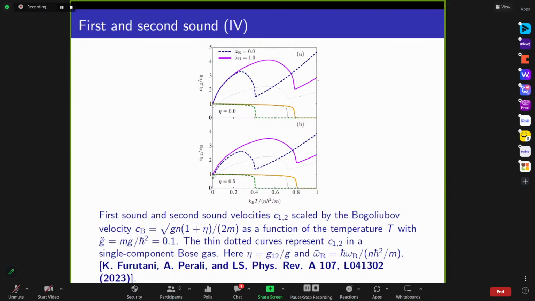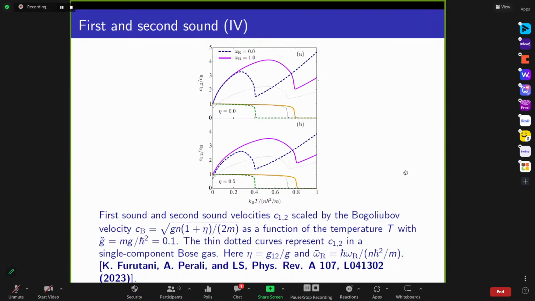Usually the first sound is the highest and the second sound is the lowest of the two. And you will see in the plot, in panel A, we have the speed of sound. For sure, on the horizontal axis there is the temperature.